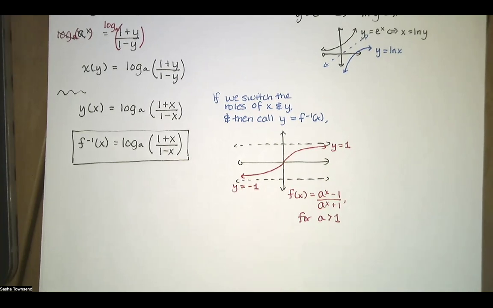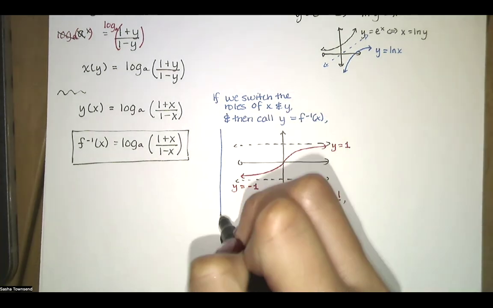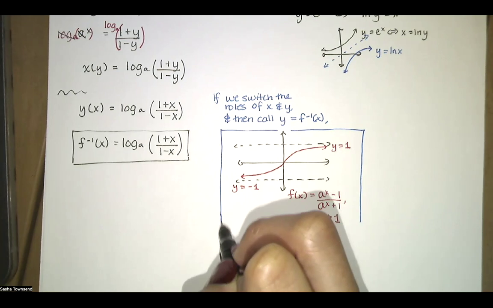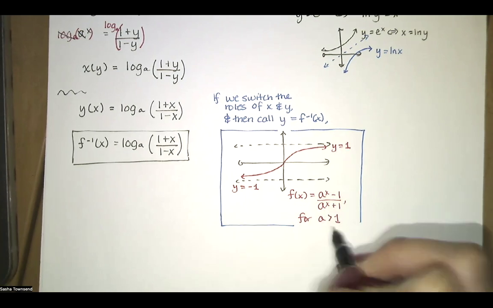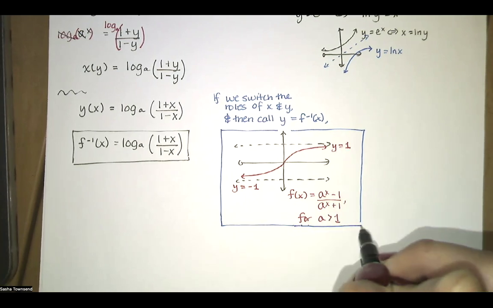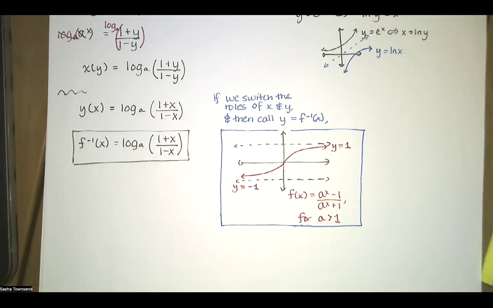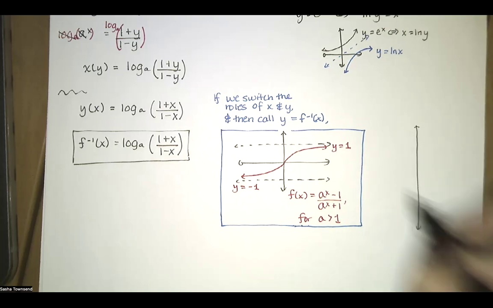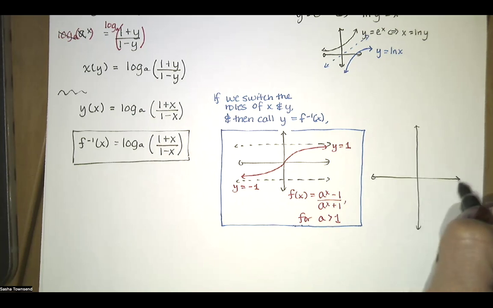That's f of x. You might say, okay, well then what does f inverse look like? Well, f inverse is going to look very similar, but we switched the roles of x and y. So the original graph had horizontal asymptotes at y equals 1 and y equals -1.